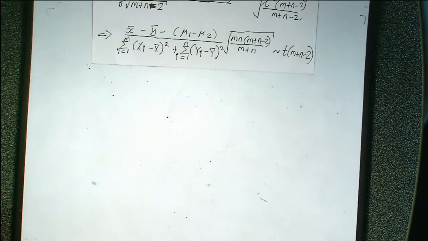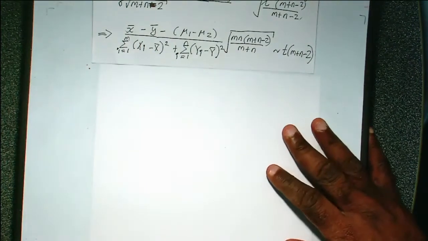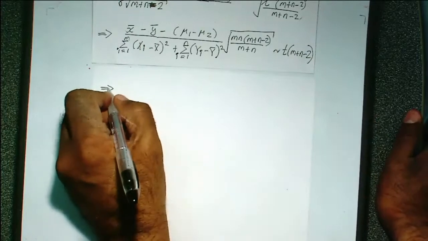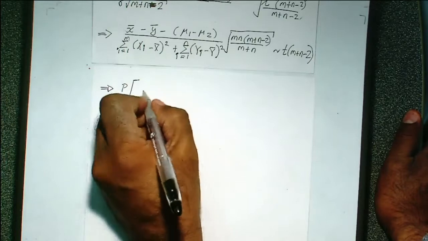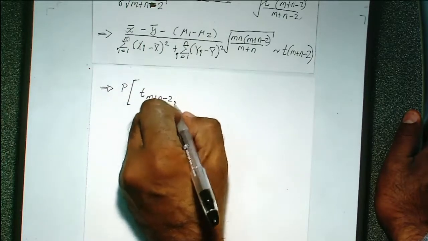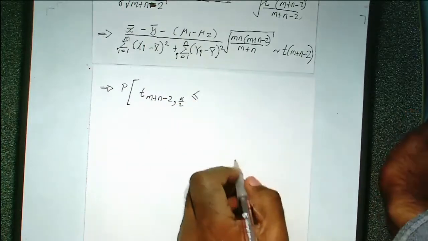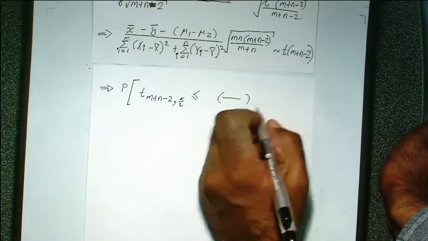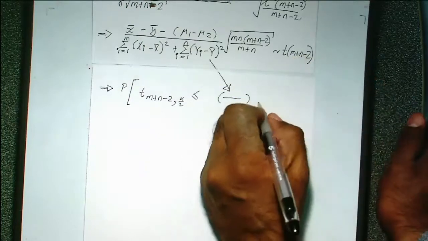guys, this implies that the probability that minus this nasty looking expression, I will just put a pointer here so that you know what I'm saying, right?